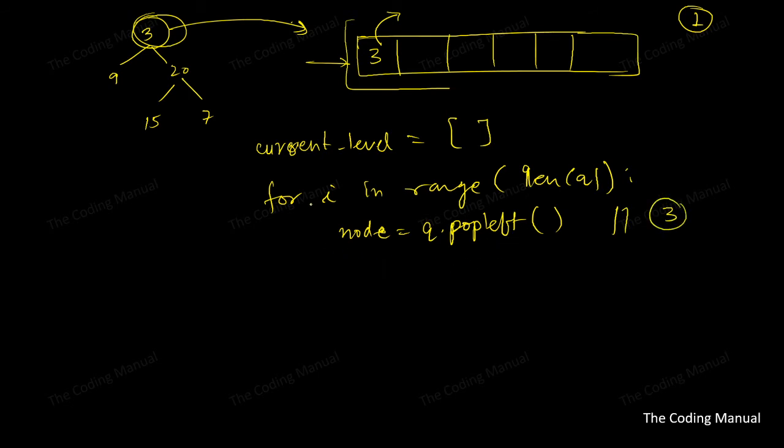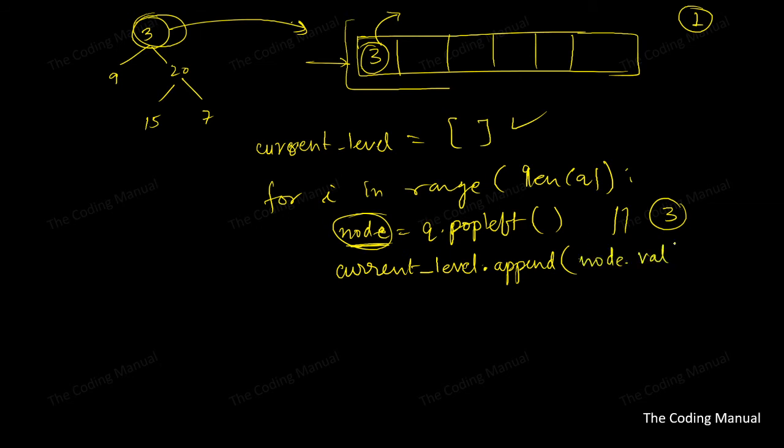Now at the current level we will add the value of the popped node: current level dot append, this is the list we have defined as an array, and then node dot value. Then we will check if left or right of this exists, and put those in the queue.